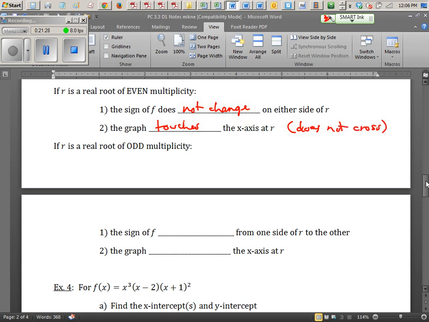If it's an odd multiplicity, the sign of f changes and the graph crosses the x-axis at r. Okay, I don't think anyone here has learned this, but it is a really valuable skill. Let me show you how I can use this to graph something.